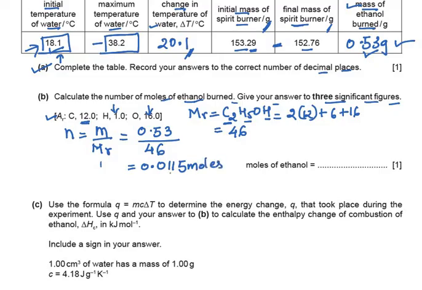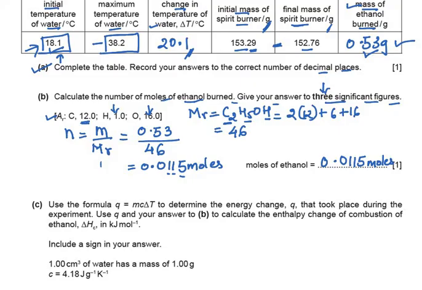We have written 0.0115 as we are told to write our answers in 3 significant figures. So our answer is 0.0115 moles. So this is how we calculated the moles of the ethanol used in heating up the water, where the temperature difference is 20.1 degrees Celsius.